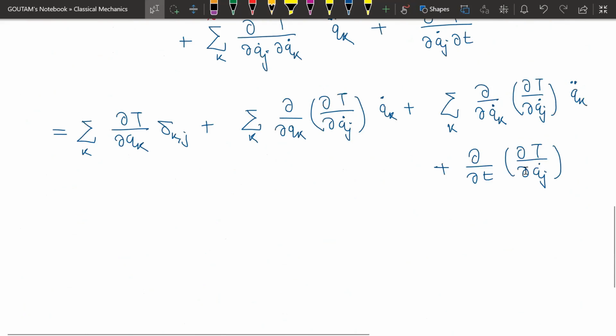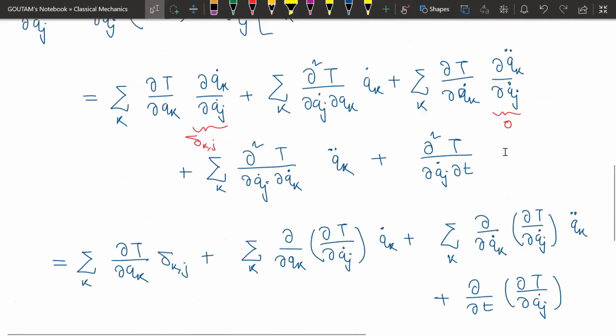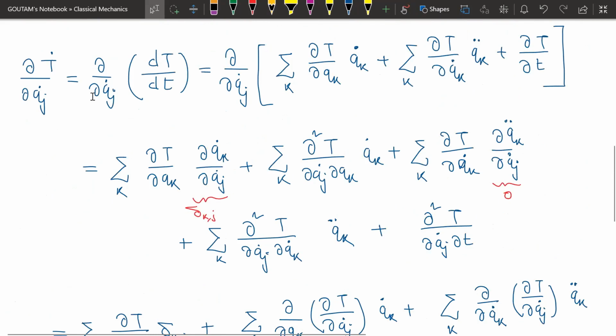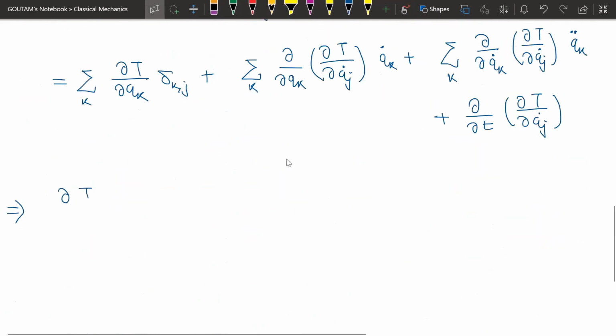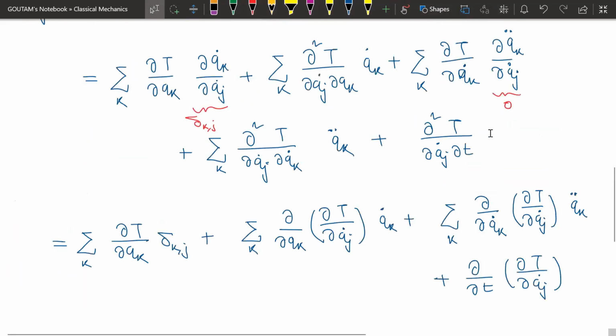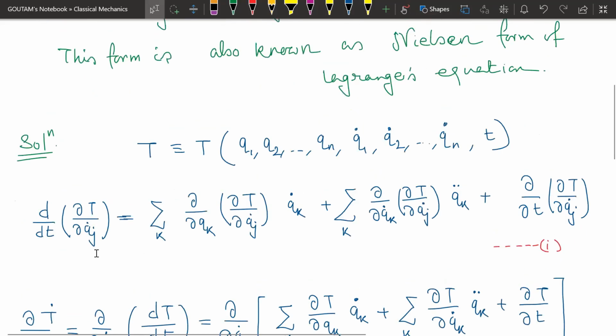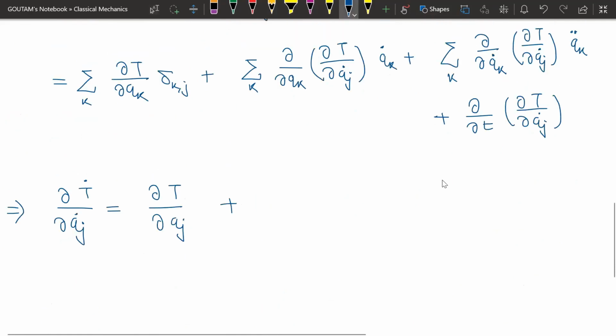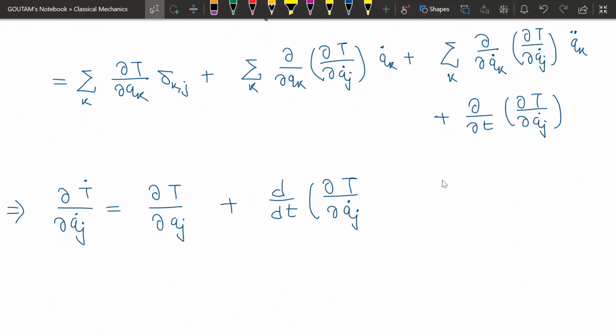So we can write this del t dot del qj dot equals, now this summation, as there is a delta function, we can write it as del t del qj plus, and sum over these three terms, it is basically from equation 1, ddt of del t del qj dot.